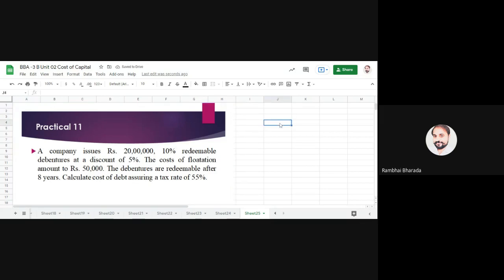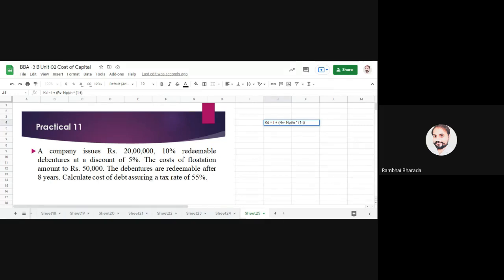Let us write the first formula so we get an idea of which values we require. Here we have debentures. So when we have debentures, the DP is replaced by I plus, in a bracket, RV minus NP upon N, and in a second bracket into 1 minus t.